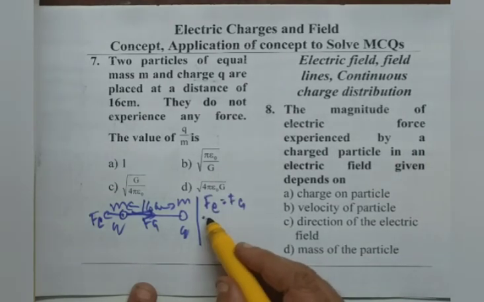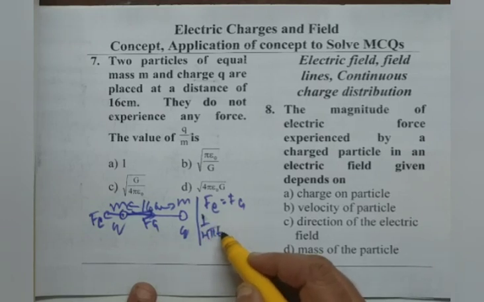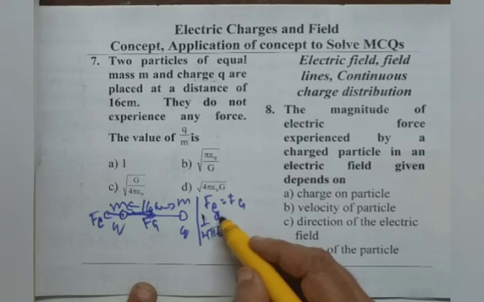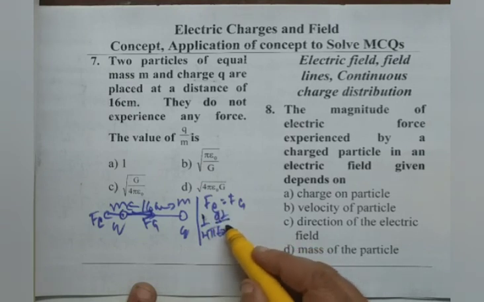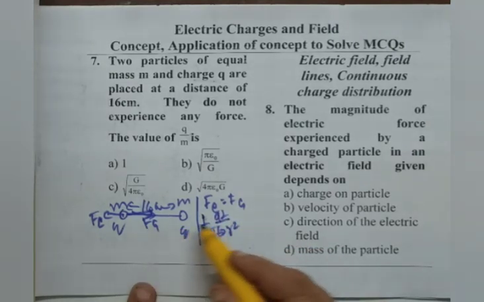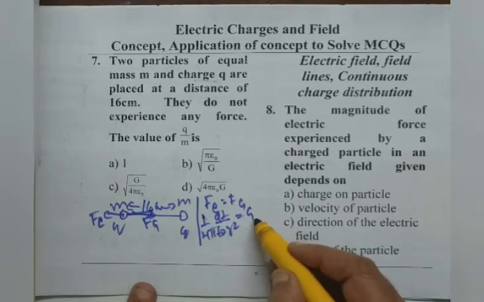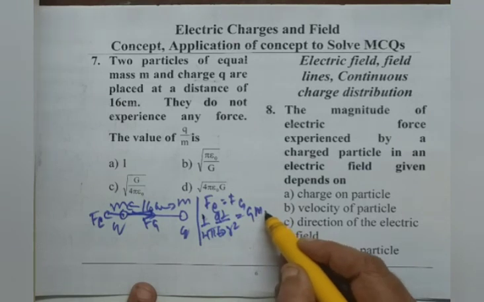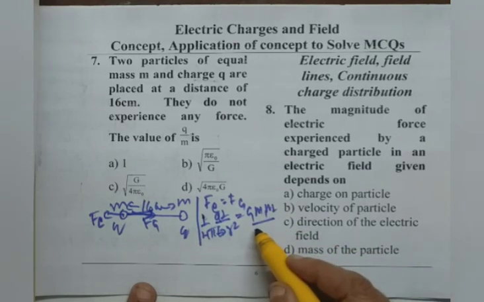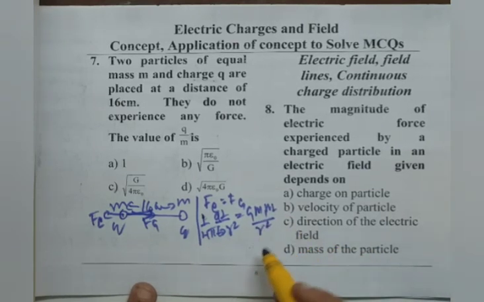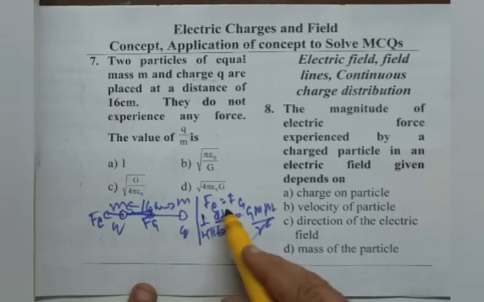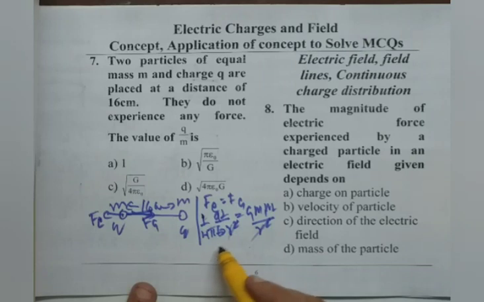F electric we can write as 1 by 4 pi epsilon naught q square by r square, r is 16 centimeter square. Fg is G m1 m2 by r square. So r is the same for both, so we cancel them. As they are equal and opposite, that's why we are equating them.